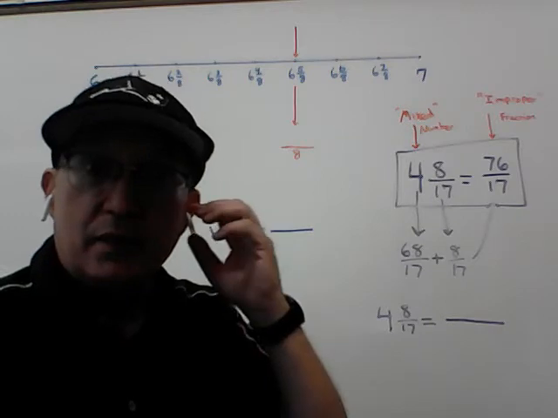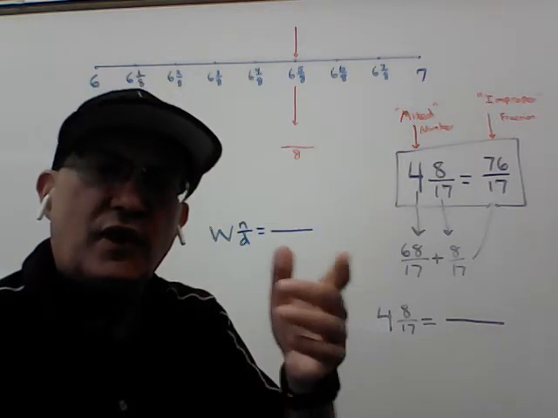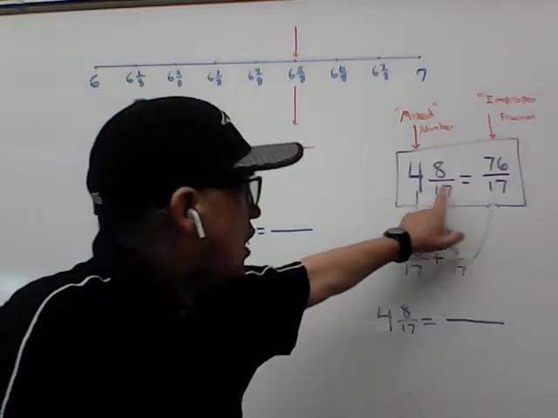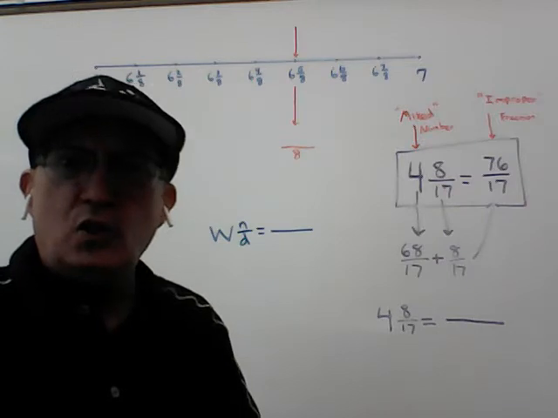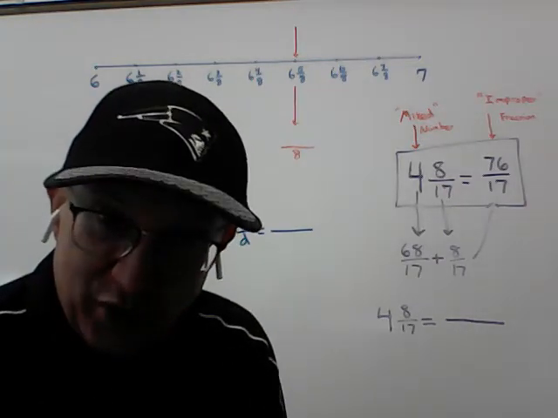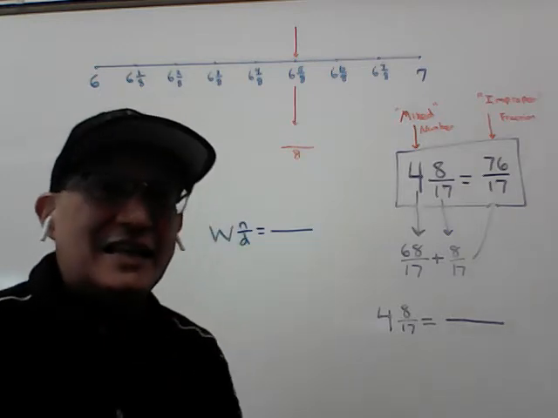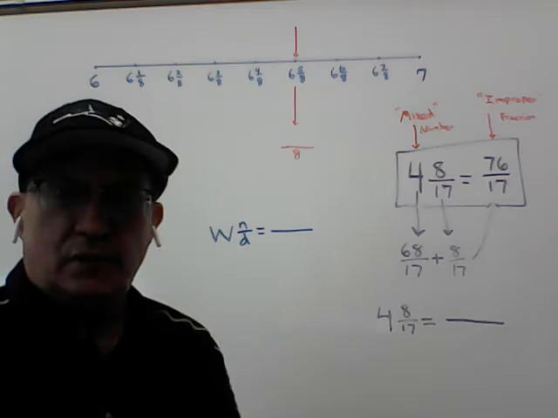How big is it? And so at this point, if I were to suggest to you that we're going to start with a mixed number and convert it to an improper fraction, you might say, why are we doing that? Well, there's a very good reason why we're doing that. Two very good reasons, at least. For multiplication and division.